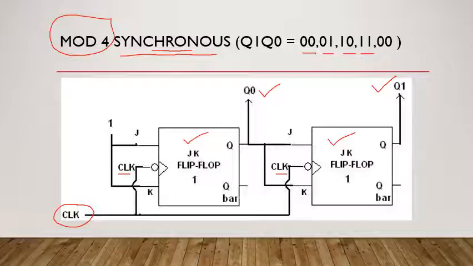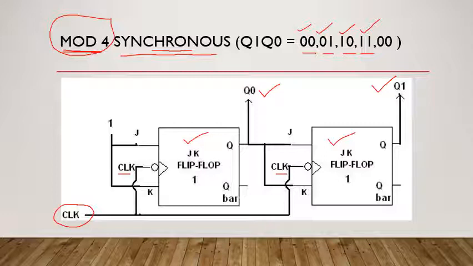So there is a possibility of four separate states for this particular counter. So this count of 4 is referred to as the modulus of the counter, and that is why this counter is called a mod 4 counter. So basically mod 4 is representing that this particular counter has 4 states.